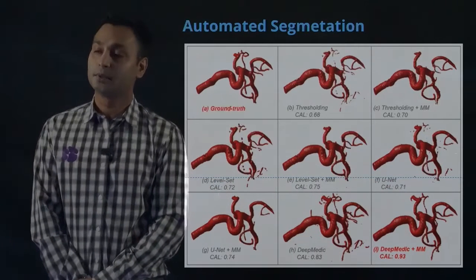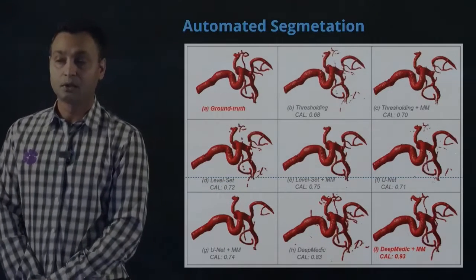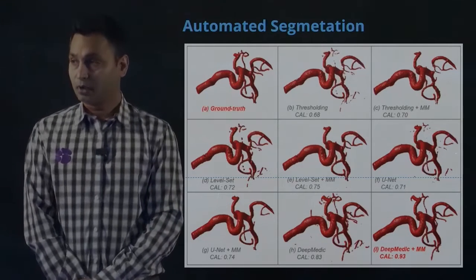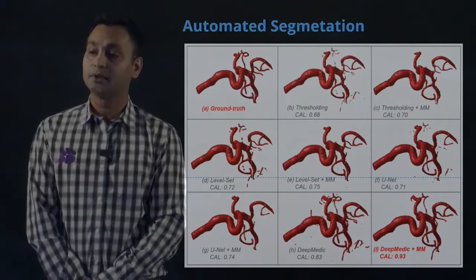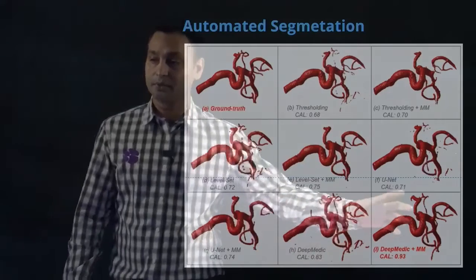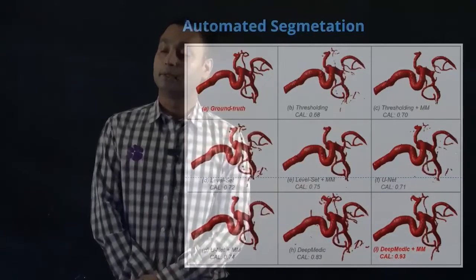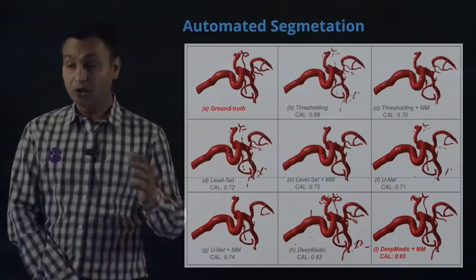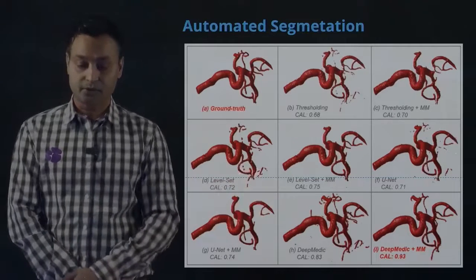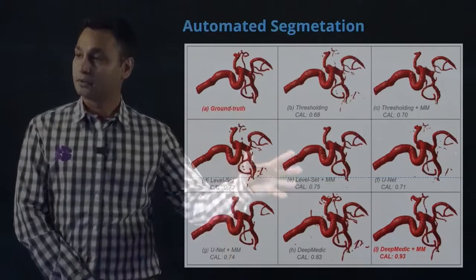So we used classical computer vision techniques, morphological operations, to clean up these images, and after that we get these clean images. So on top of pre-processing, there is also some post-processing involved in this application.